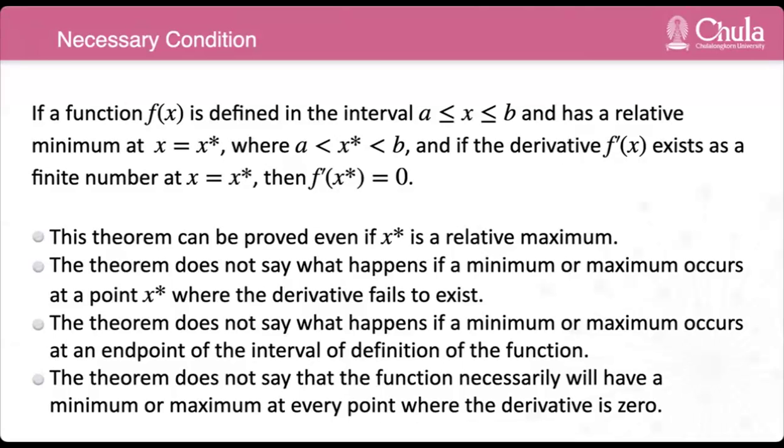From the theorem, we have a function between A and B, and we have a local minimum or local maximum between A and B, and the derivative exists, then the derivative at the local minimum or local maximum must be zero. But if we know that the derivative is zero, it doesn't mean that that point is a minimum or maximum.